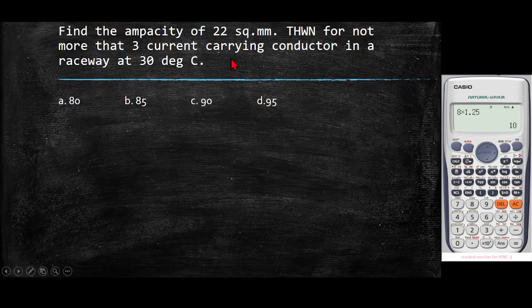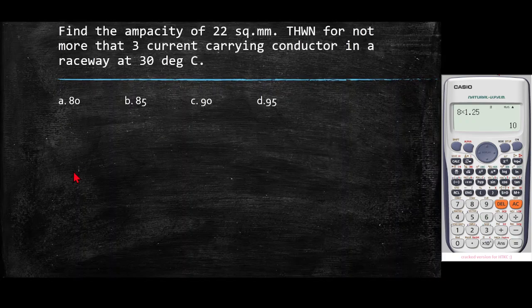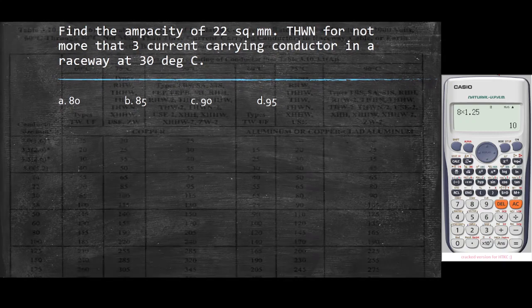First, let's find the ampacity of 22 square mm THWN. If copper is not indicated in the question, you always assume copper, because it is the most commonly used, especially in interior wiring.